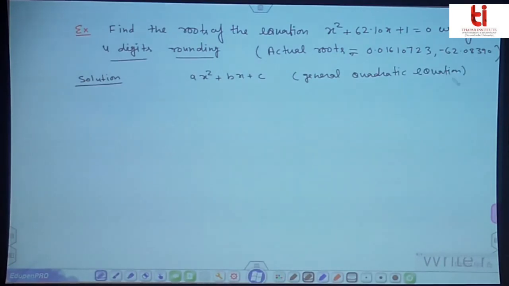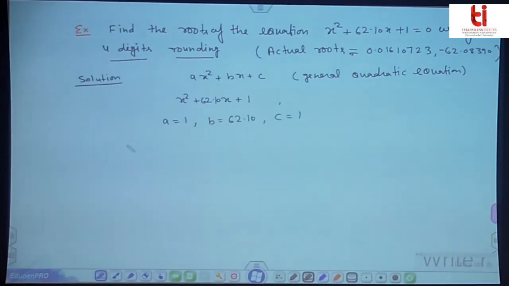Then if we compare this with the given equation, a is 1, b is 62.10, c is 1.